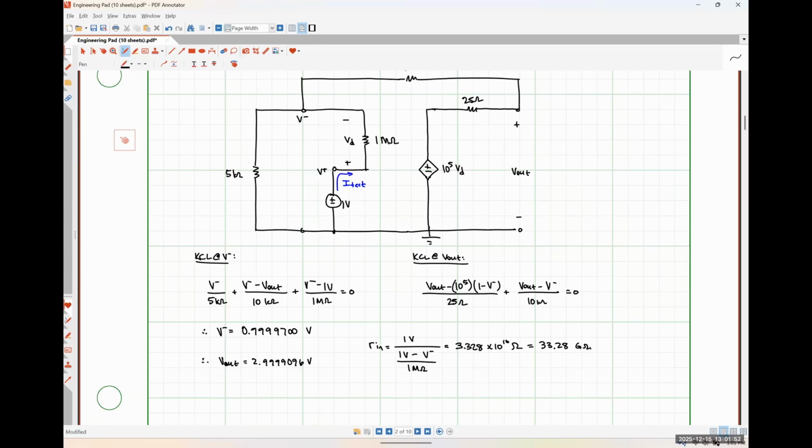Yes, but realistically, we were using it as a test source in the previous example as well because we were just interested in finding the gain. Gotcha. So I used the 1 volt source in the previous example because I knew that if I find V out and divide that by 1 volt, that will be the closed loop voltage gain. This time I'm explicitly using the test source method to find the resistance of this network, which had no connected sources and a dependent source. Okay, thanks. Okay, we good? Yep. All right.